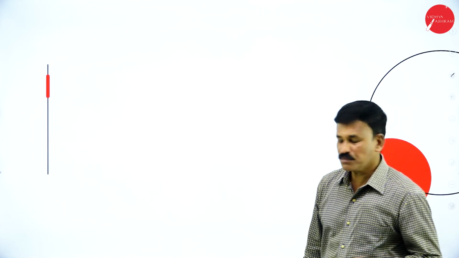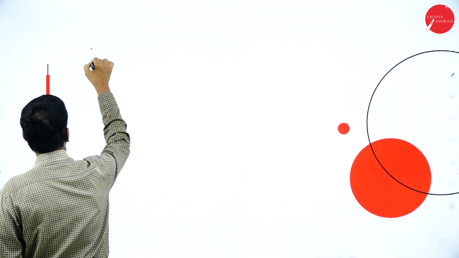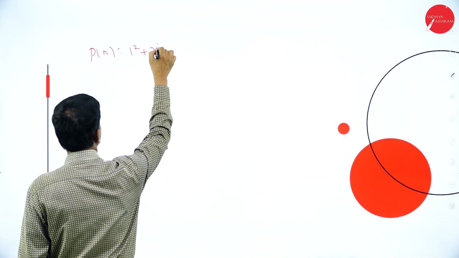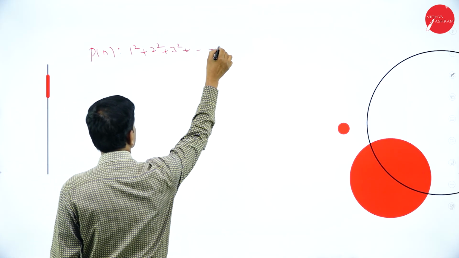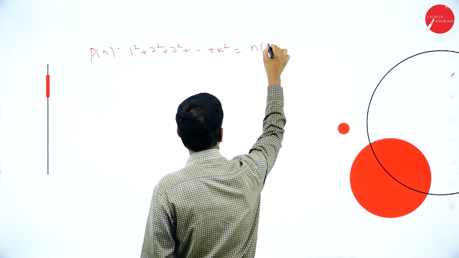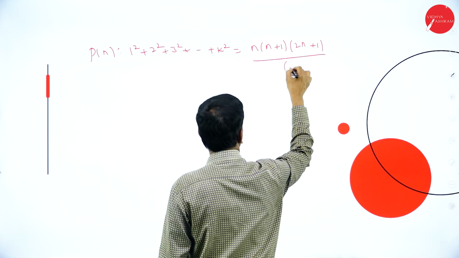To prove that the statement is true for some positive integer k. Now we know that P of n is equal to 1 square plus 2 square plus 3 square plus etcetera plus k square is equal to n into n plus 1 into 2n plus 1 divided by 6.